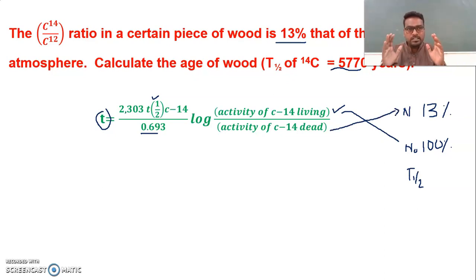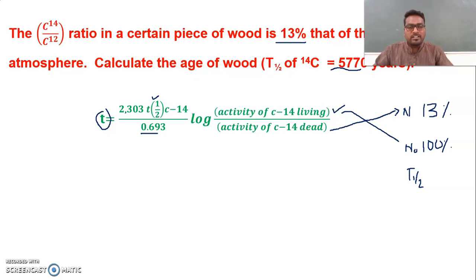So dear student, here you have to understand how we are taking 13% as N and 100% as N naught, because you understood the carbon dating technique. In carbon dating, they identify the age of fossil fuels based on the amount of carbon-14 present at that particular time.